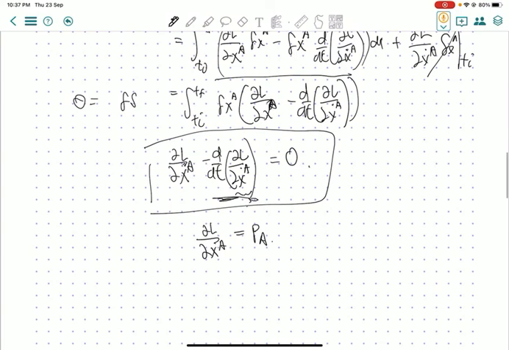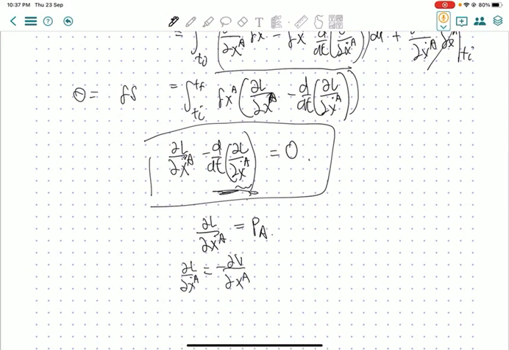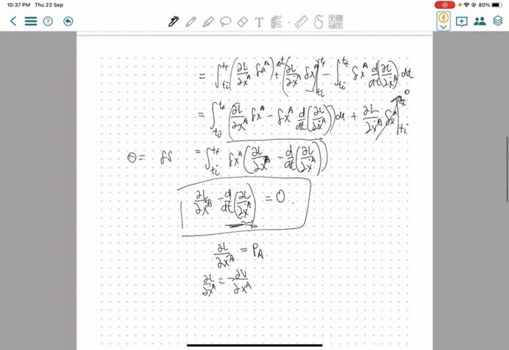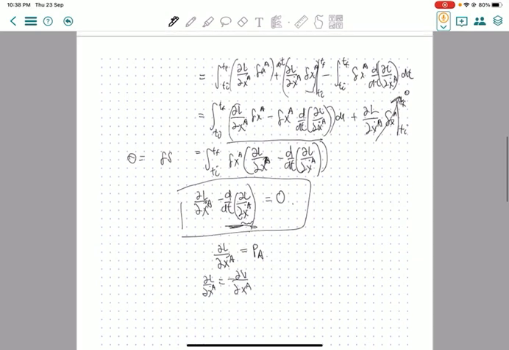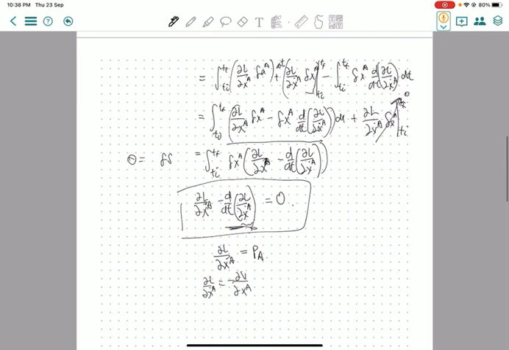And then you have partial L over partial XA, that equals minus partial V over partial XA. So this is equivalent. What this tells you is that Newton's equations and the Lagrange equations are equivalent, and that when you take the extremum of the action, it naturally leads to the Euler-Lagrange equation, of course, provided you have some assumptions, many assumptions actually, and that's it.